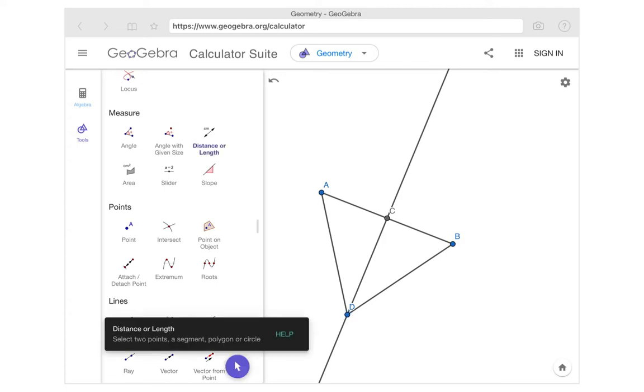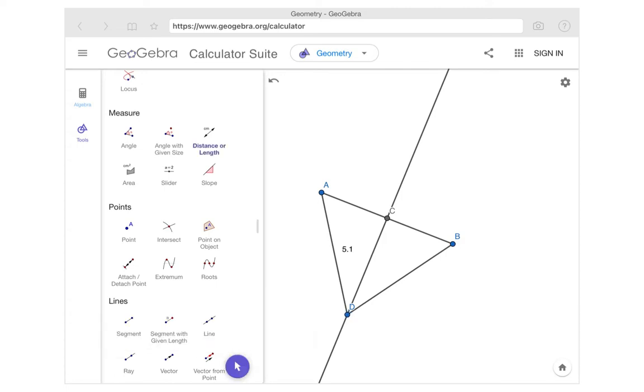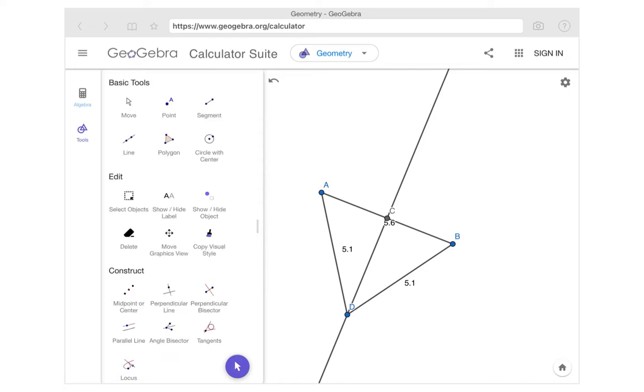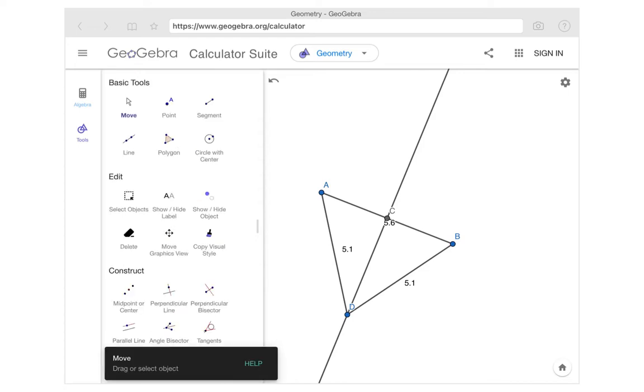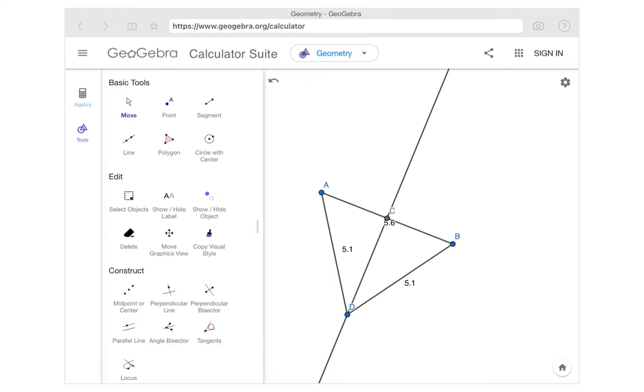I can have GeoGebra find for me the lengths of the sides of that triangle. And I notice something here, that the two sides of that triangle, side AD and side BD, are both 5.1. I wonder if that's going to happen as I move that point D along that perpendicular bisector. And here's what I notice, just numerically: those two sides are congruent, which means I made an isosceles triangle.